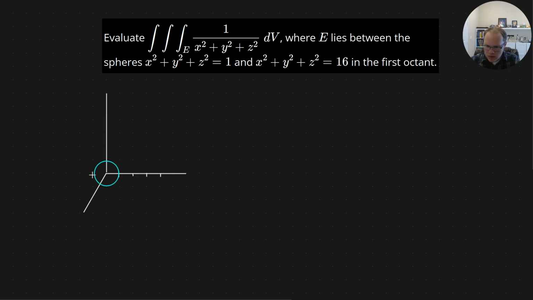That's the inner boundary. And the outer boundary is going to be a sphere of radius 4.